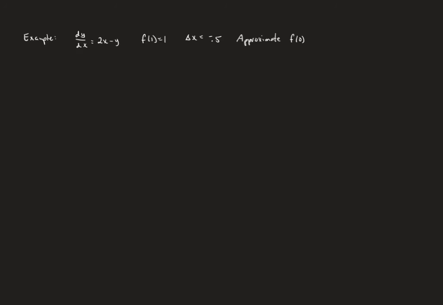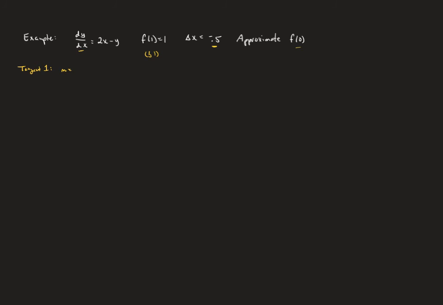Okay, so here's our first tangent line. We're going to come up with tangent number 1 here. We've got our point, which is (1, 1). This time the delta x is negative 0.5 because we're going backwards to the left to try to approximate f of 0. The slope comes from our differential equation.